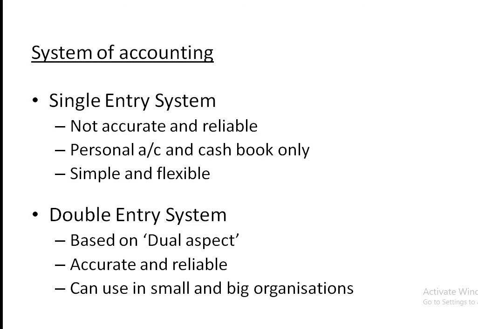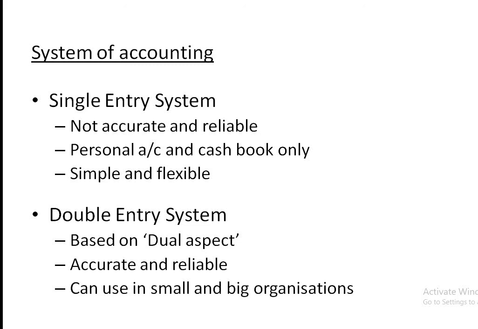Only personal account and cash book are maintained under this system. No uniformity is maintained in the recording of transaction. This system is incomplete and unsystematic and thus not reliable. Single entry system is followed by small business organizations as it is very simple and flexible.